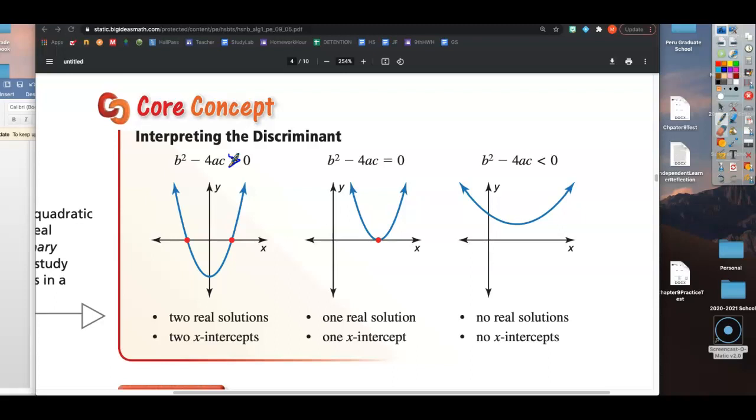If I get my discriminant to be equal to 0, I'm going to have one solution, which means that it crosses the x-axis in one place, and my vertex is on the x-axis. Then I also have no real solutions, and that is when I get that number to be less than 0, and my parabola is either above or below the x-axis.